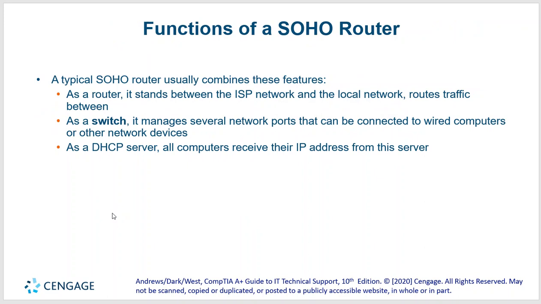It's deciphering all the information that's coming in from the internet. It's then translating that so that your devices can understand it. It has the ports on the back, just like a switch, for your wired connections, and it can also do Wi-Fi.